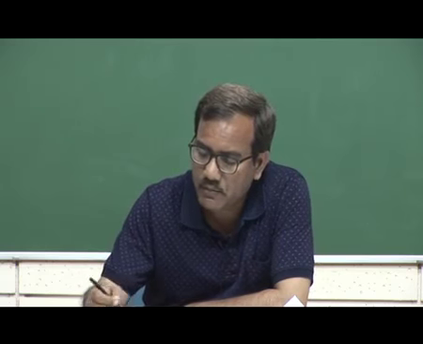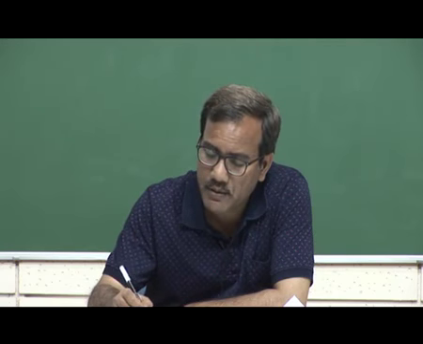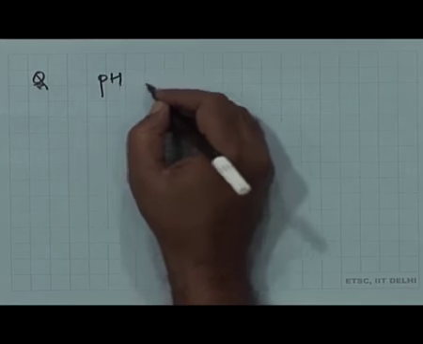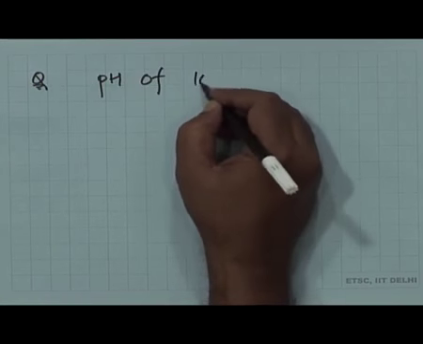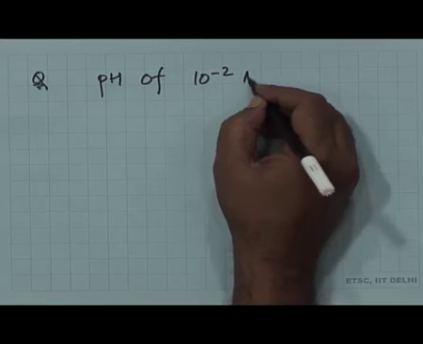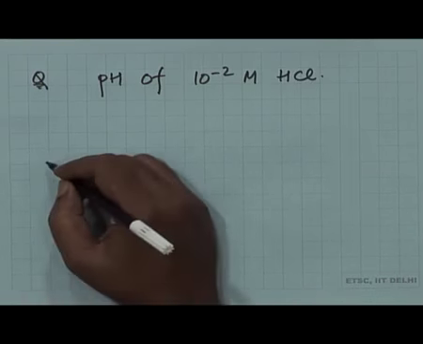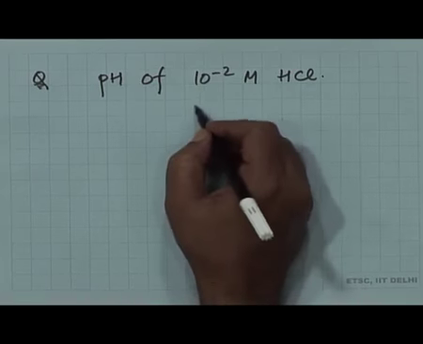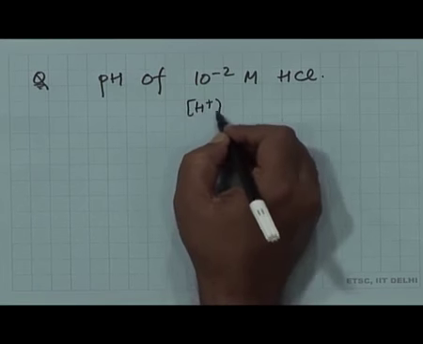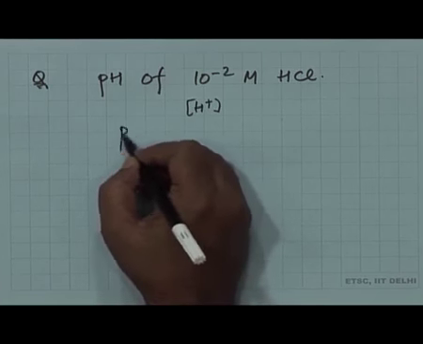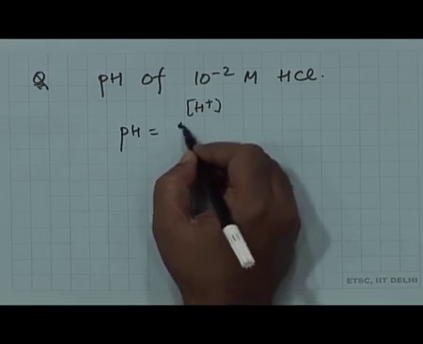Now, let us take a simple example of pH. Suppose I need to calculate the pH of 10 to the power minus 2 molar HCl. Okay. So, first we need to know the H+ ion concentration, since pH is minus log [H+].